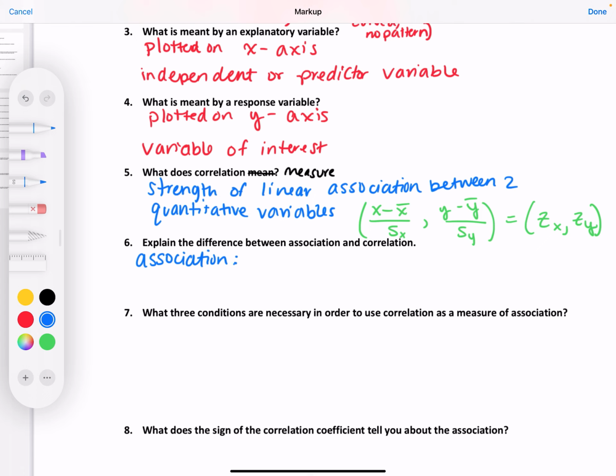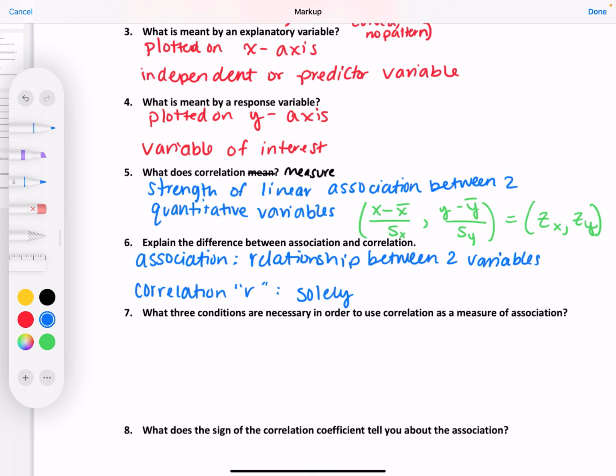So association is the relationship between two variables, and then correlation, which is our R value, is the linear association. Which is basically what you said, just slightly worded differently. What you said would have been fine.